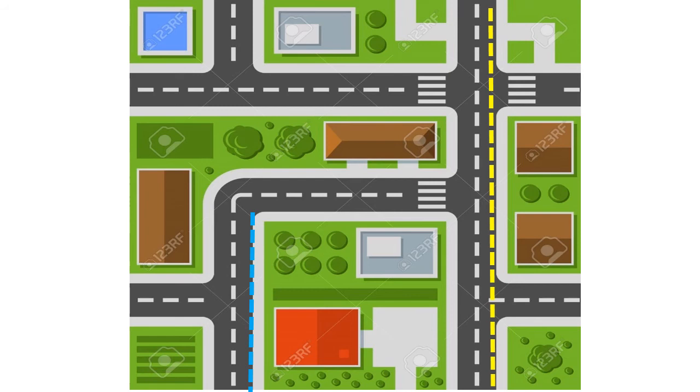This is the last example, and we can see the map of a town. Here we have a blue route, and this is a yellow route. How long is one? How long is the other? Well, I know that this blue route is 1 kilometer.